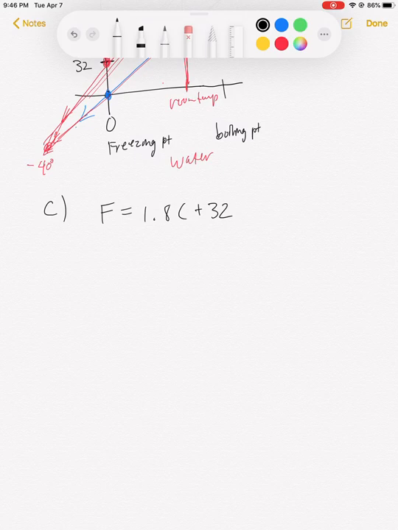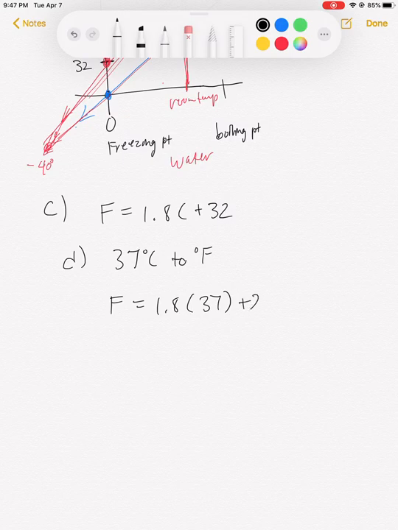So we're going to convert 37 degrees Celsius to degrees Fahrenheit. Okay, so the Fahrenheit degrees is equal to 1.8 times 37, which is the Celsius degrees, plus 32.